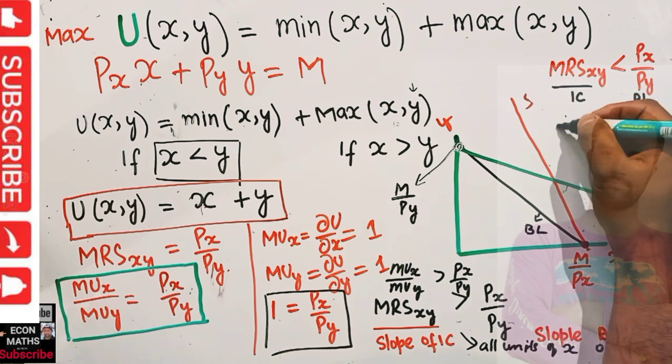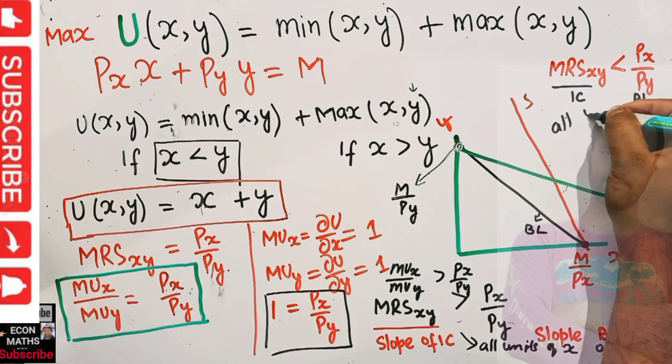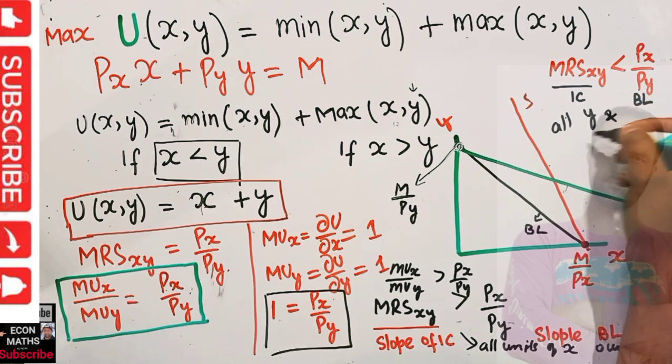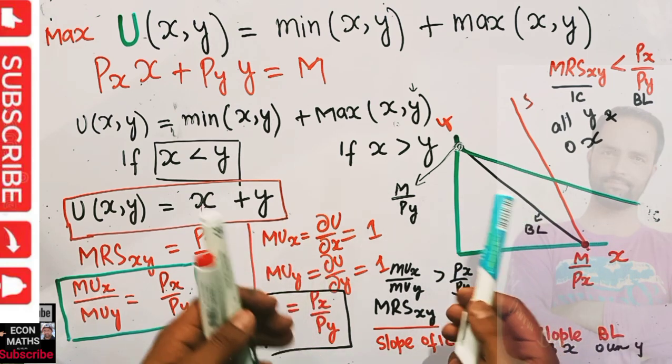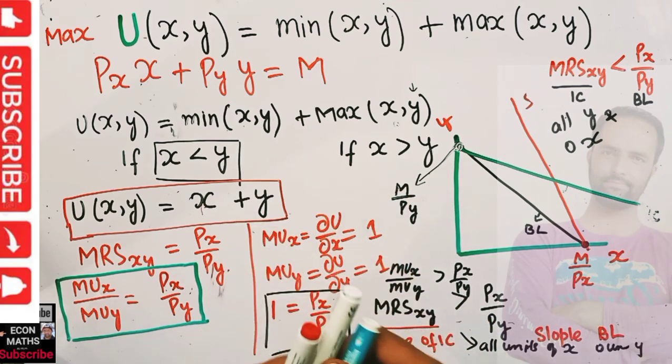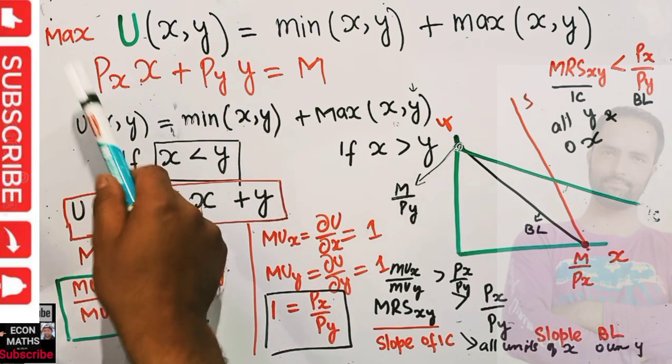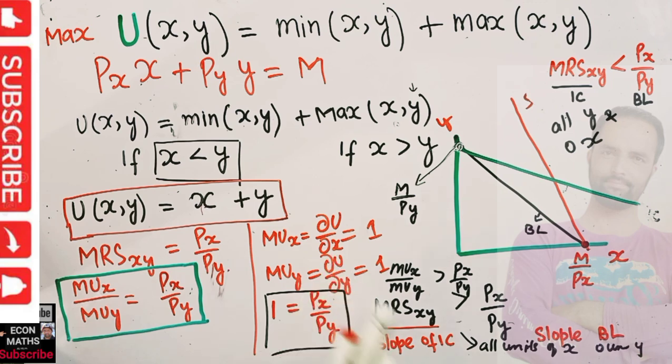Otherwise it will consume all y and 0 x. So simple step, just compare the slopes, because it was a general question. If we were being given the price of x and y, we could have solved this question easily. I hope I make myself clear. Thank you.